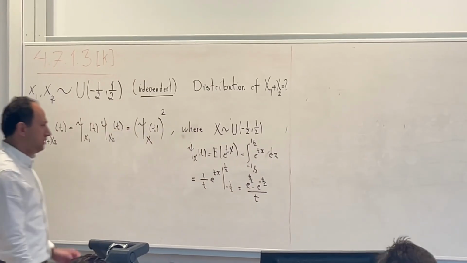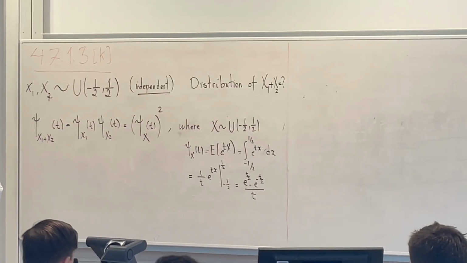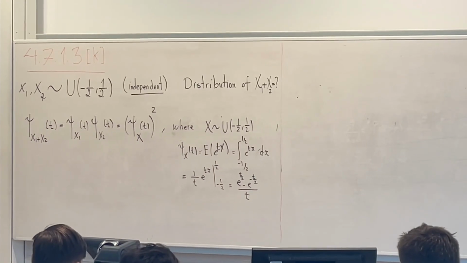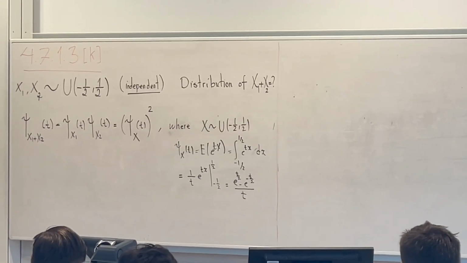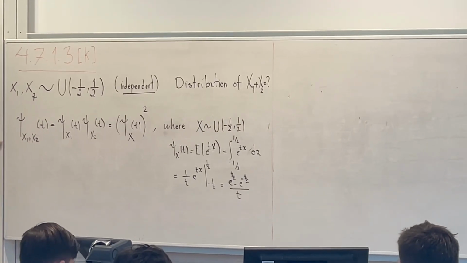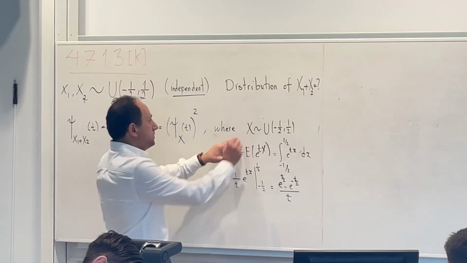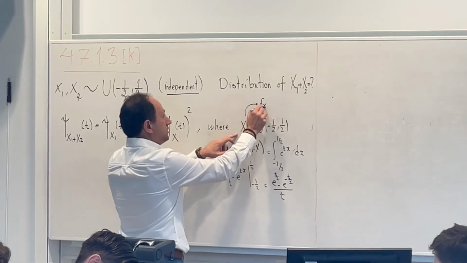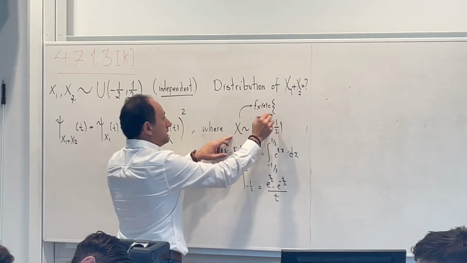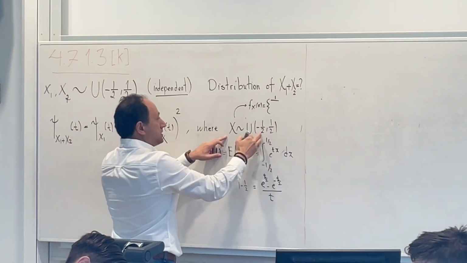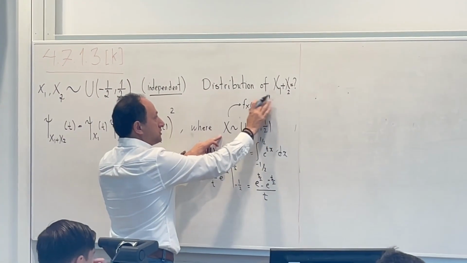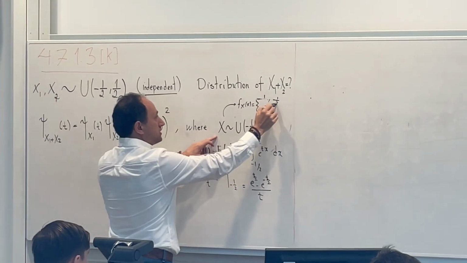Am I making some mistake? Is that right? Okay, let me double check. This means that f of x is equal to 1 over this minus that, which is 1, if x is between -1/2 and 1/2, so that's correct.